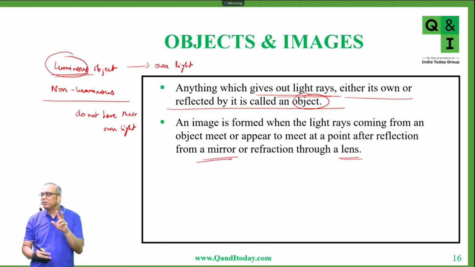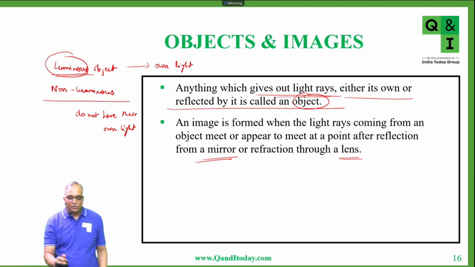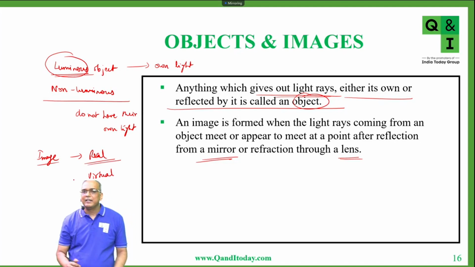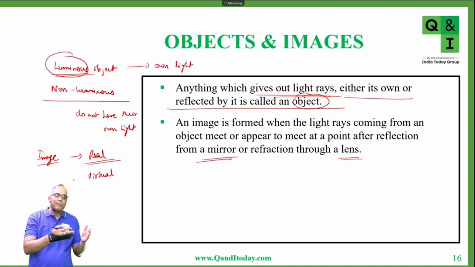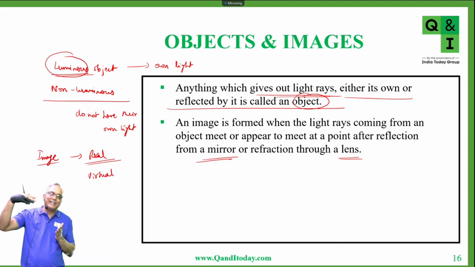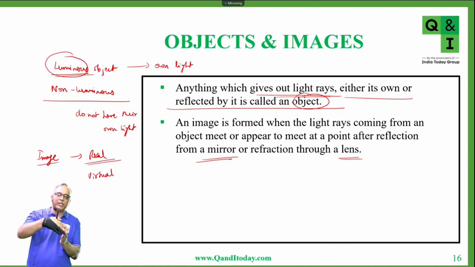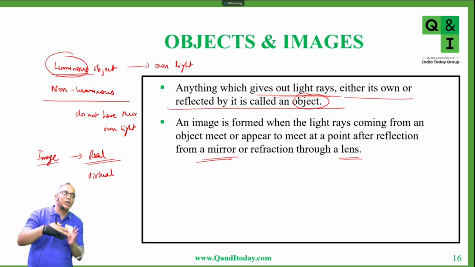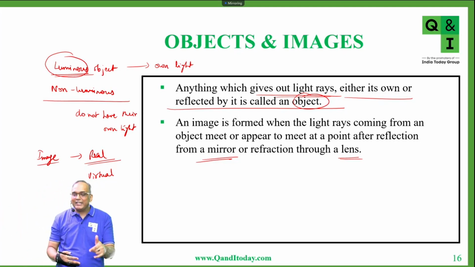So there are two types of images. One is real image and the other is virtual image, right? Real images are those formed by light rays actually meeting at that point. So when light rays after reflection actually meet at a point, we call it a real image.